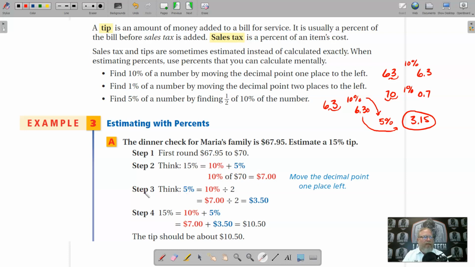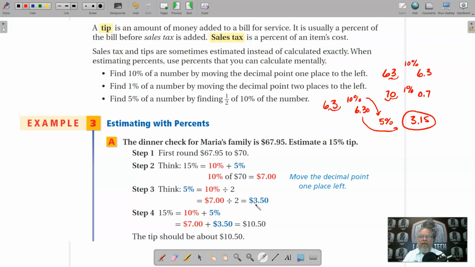Now, step 3 is to think, well, 5% is equal to 1/2 of 10%, or 10% divided by 2. So let's take that 10% of 70, which was 7, and divide it by 2, and half of 7 is $3.50.